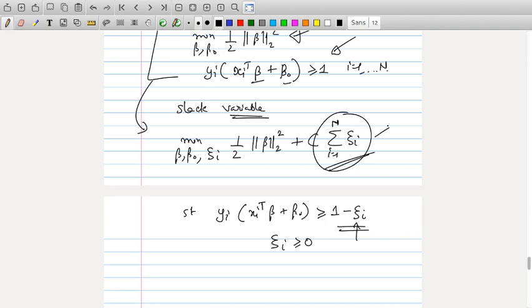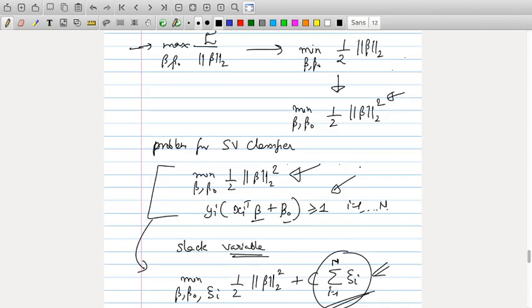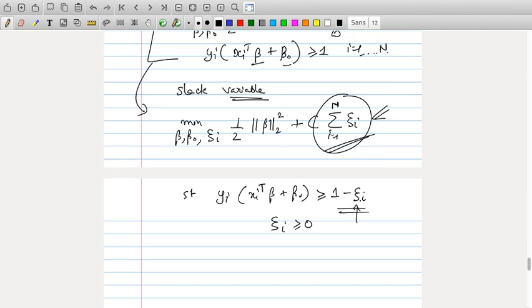So it's like a budget. I want to minimize the aberrations, minimize the number of points which can have a margin smaller than 1 unit now, because I just scaled the margin away. Anything which is less than 1, I'm going to penalize for it consuming some, for being less than that margin value. So this is the support vector classifier primal problem.